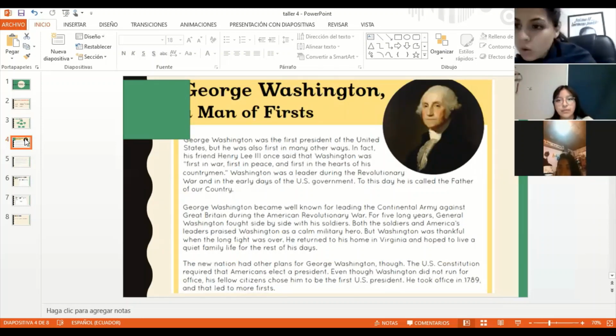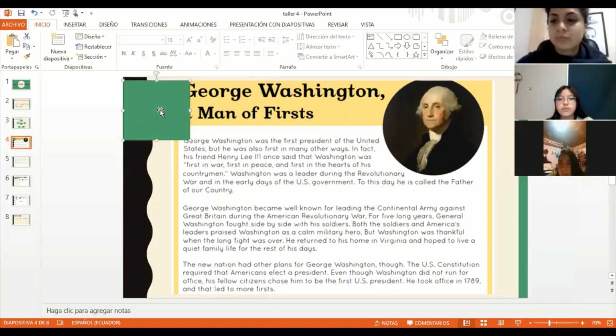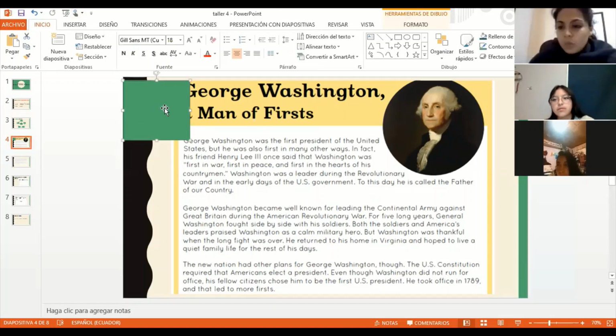What is this whole biography talking about? What do you guys think? Maybe just the first paragraph or the whole thing? The whole thing. What is this whole text about?